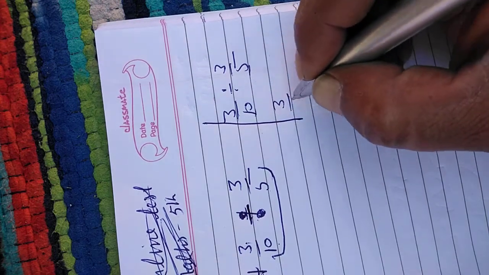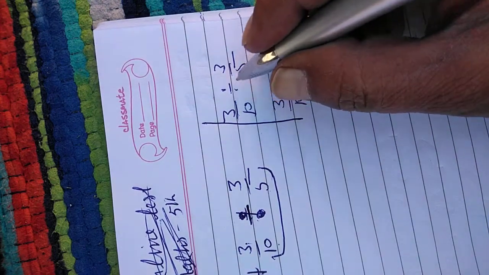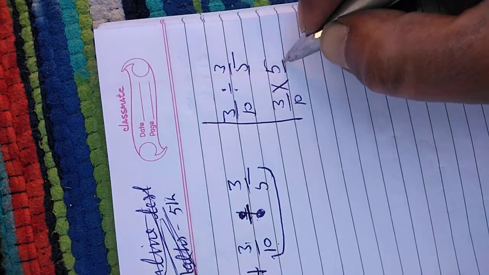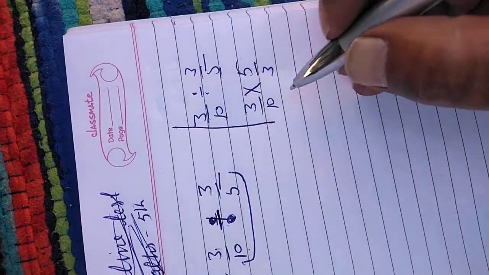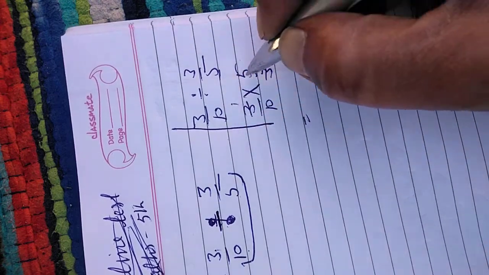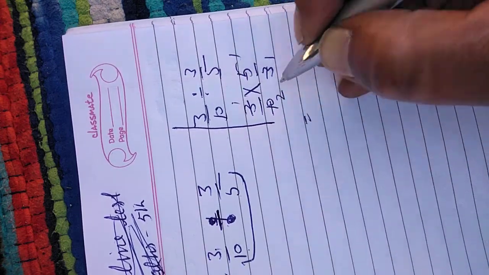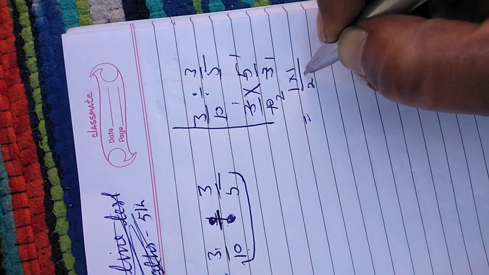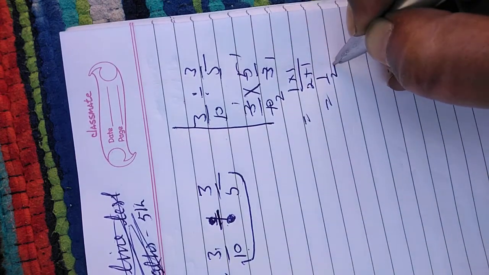Now how can we divide fraction numbers? 3 upon 10 is a division, so the reciprocal of 3 upon 5 is 5 upon 3, right? Now cancel: 3 cancels with 3, 5 1s are 5, 5 2s are 10. So you got 1 multiply 1, 2 multiply 1, you will get 1 upon 2.